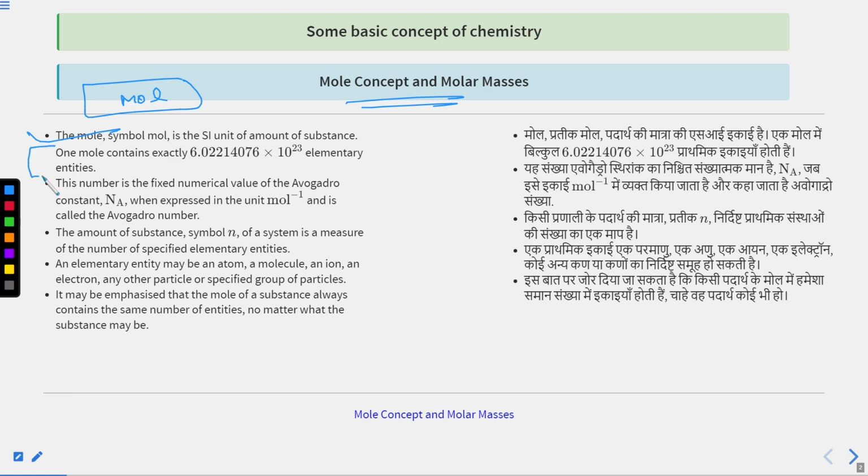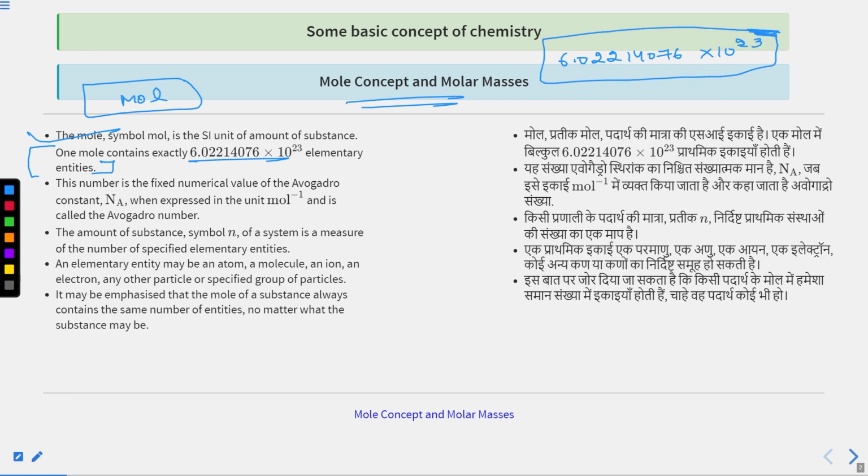So you can say there is a number that is very big and large. One mole system or one mole contains exactly 6.022140076 into 10 raised to the power 23.